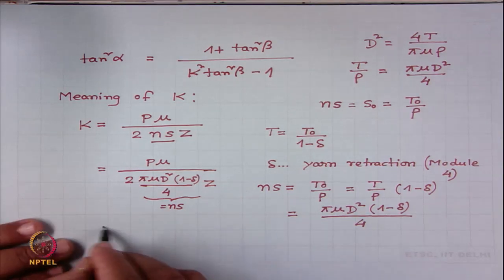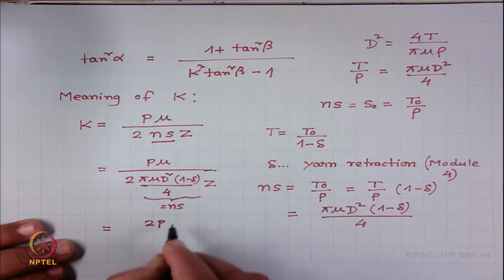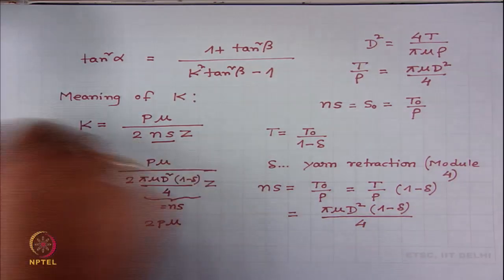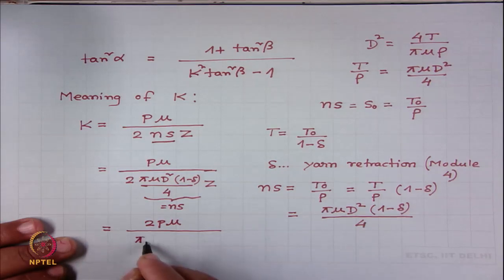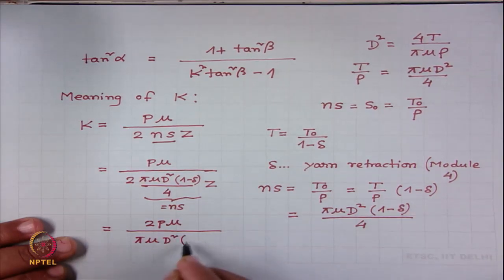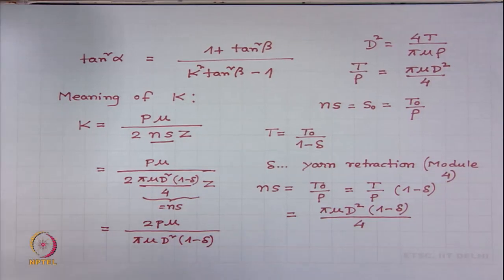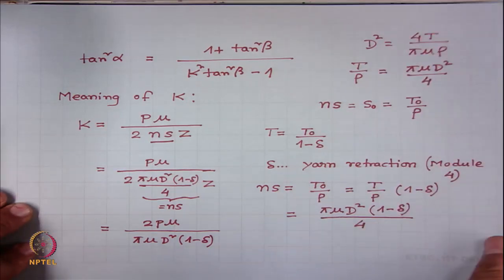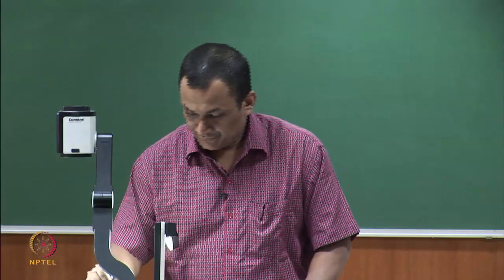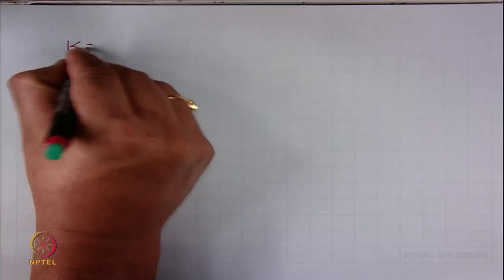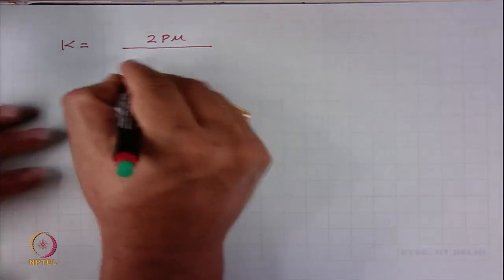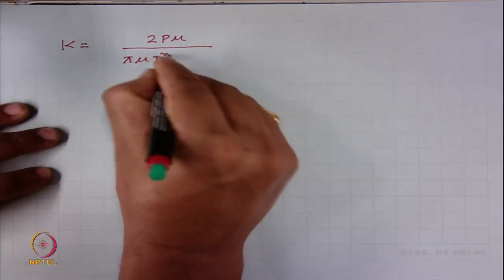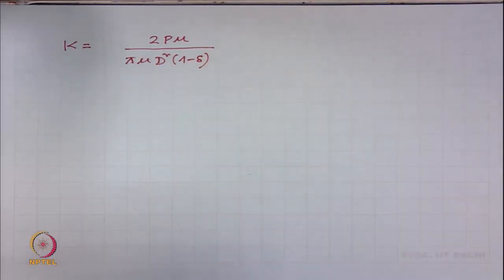So, 2 p mu divided by pi mu d square 1 minus retraction. Let us write it further. K is equal to 2 p mu pi mu d square 1 minus retraction, right.